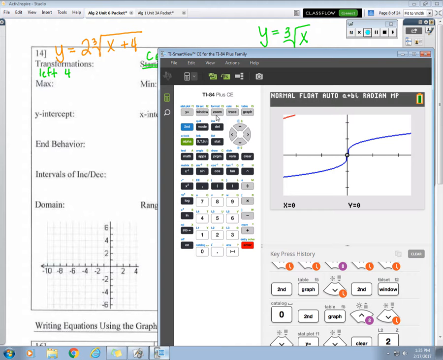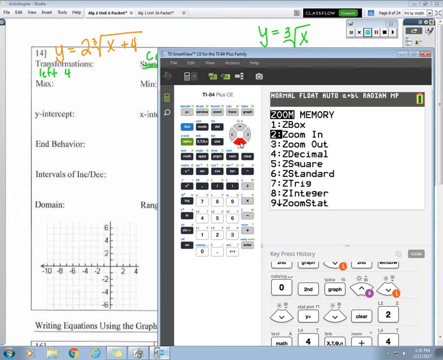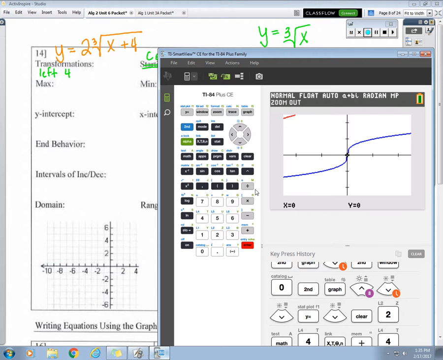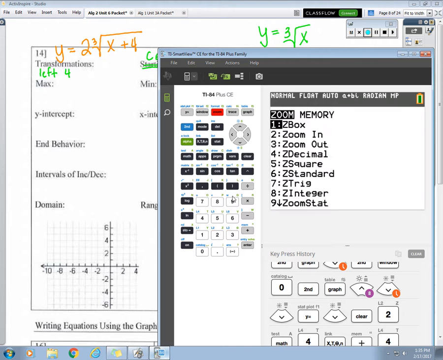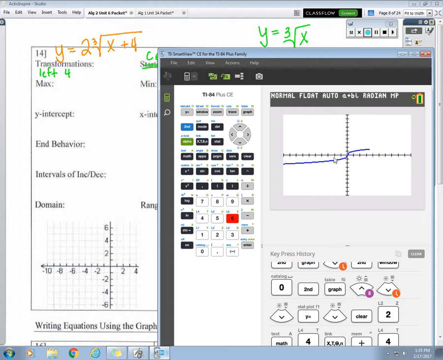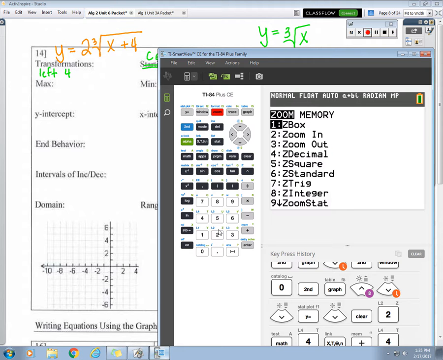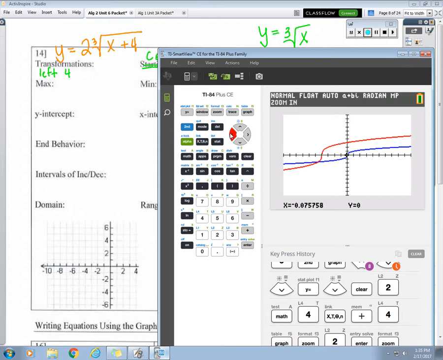When I zoomed in, I didn't go over enough. Anytime you zoom, you have to hit zoom in, but then you have to move the cursor to where you want to zoom into. That's why we couldn't see the red one, because my cursor was still over on the blue one.